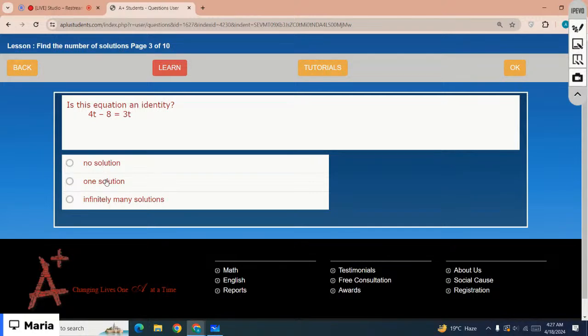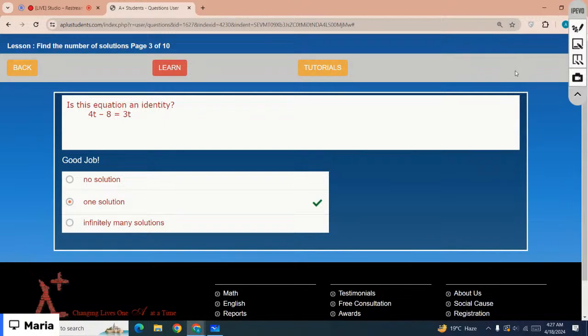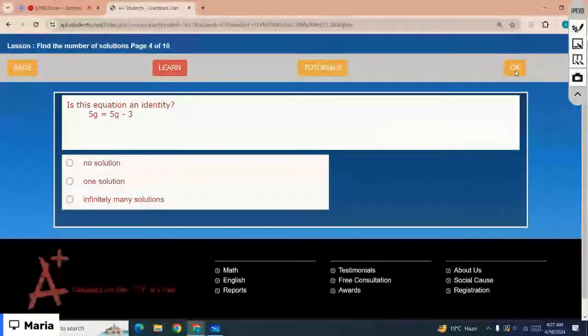This equation has only one solution, right? The correct option is no solution.